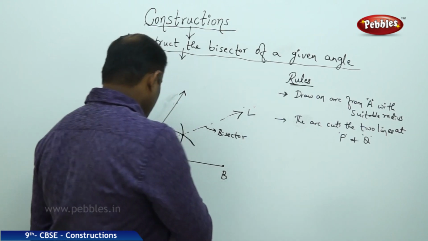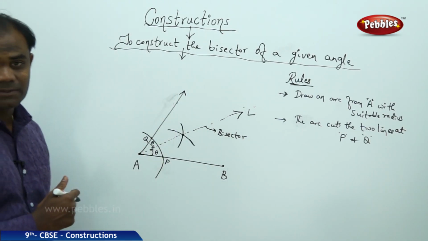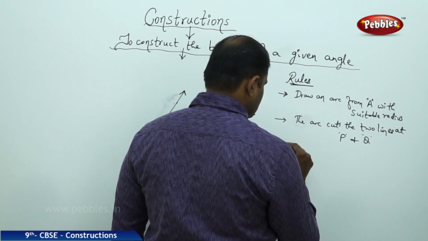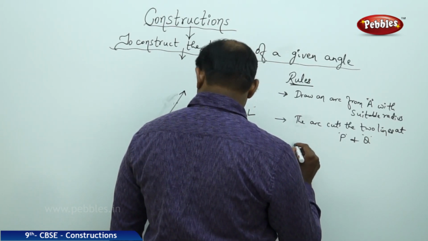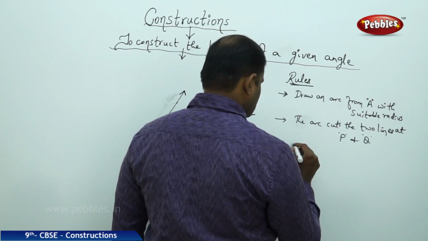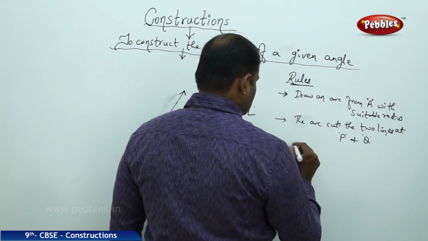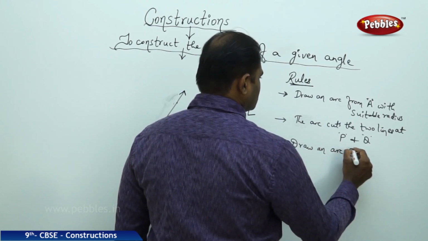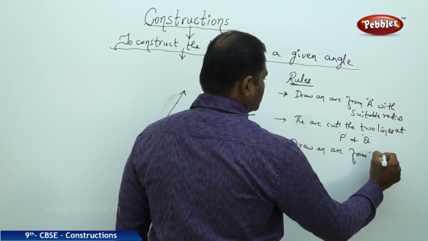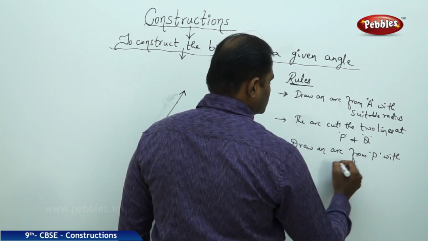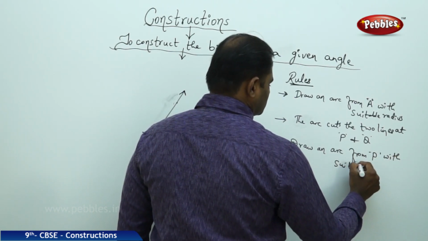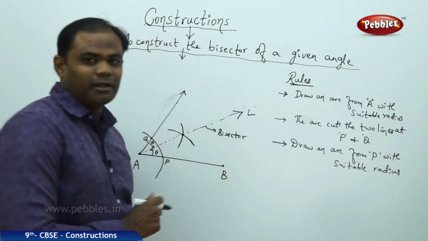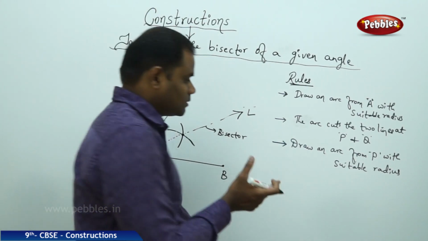So mark them with P and Q where the arc cuts the 2 lines. Thirdly, draw an arc from point P with suitable radius. It can be any radius suitable and convenient to draw.